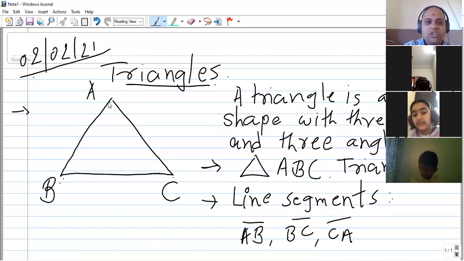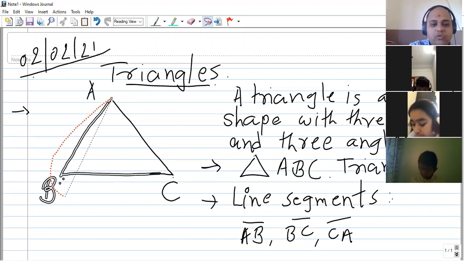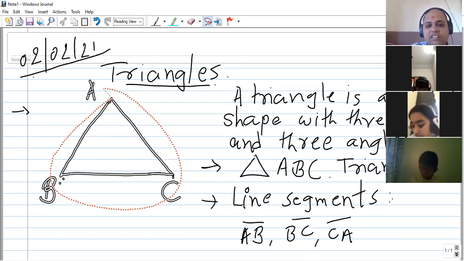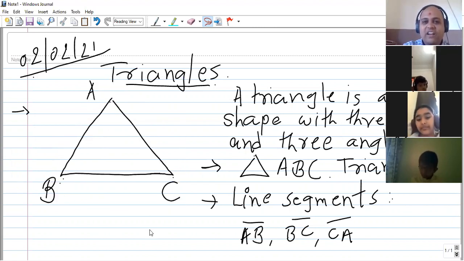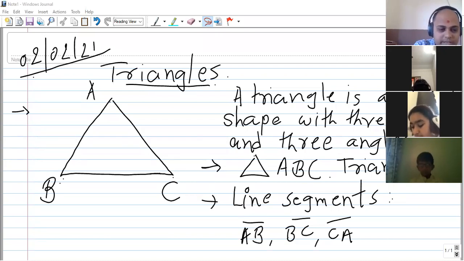Correct? Say for example, A to B to C. Okay, got it? Very good. And which are the angles? So I'm going to go to the next line. Okay, hold on a second.